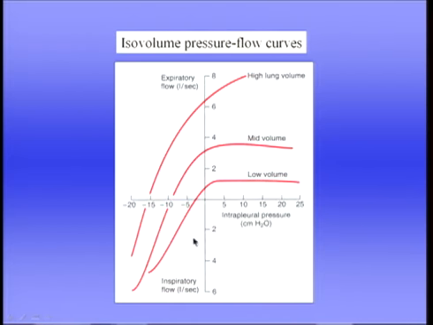So let's look first of all at this part of the slide here. This is for inspiration down here. And we can see that the harder you inspire, the lower the intrapleural pressure, the higher the flow rate. Here's flow along here, intrapleural pressure along here. The harder you inspire, if you reduce your inspiratory pressure to minus 15 centimeters of water, for example, the higher the inspiratory flow rate.